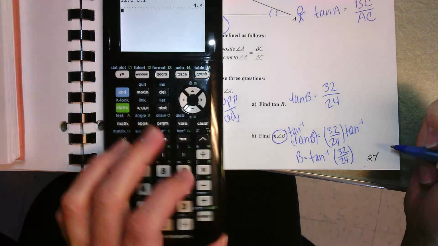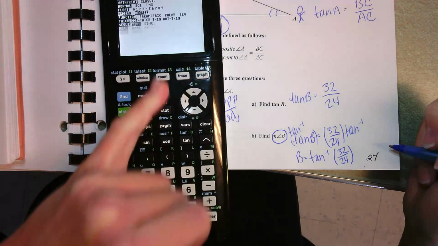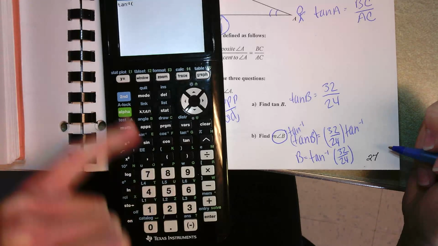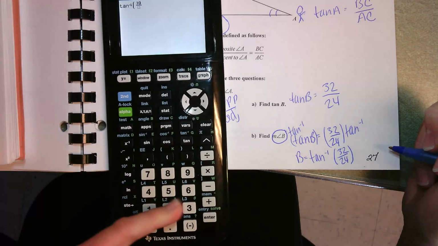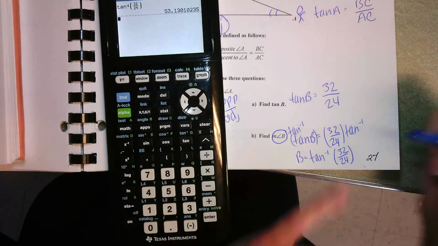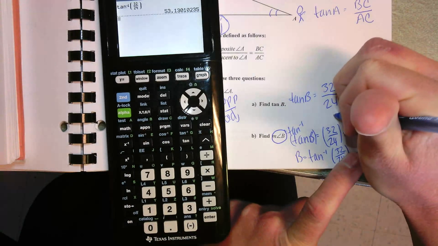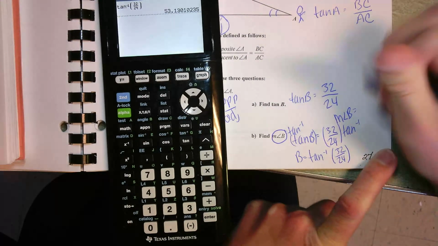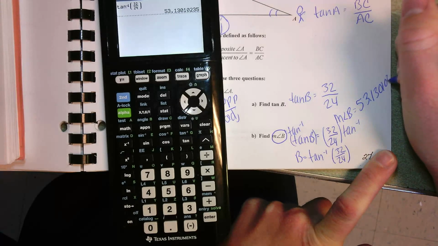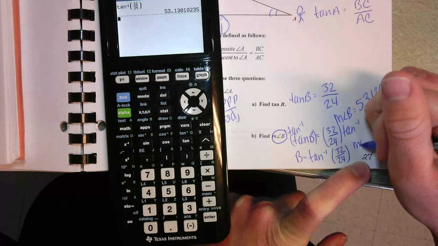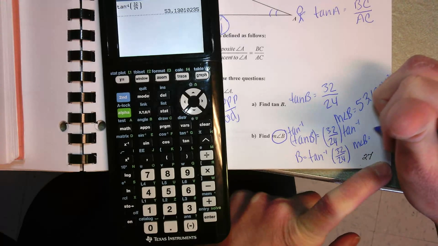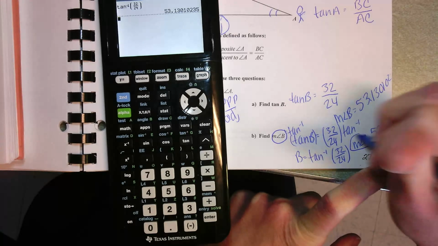If we go to our calculator, it's already in degree mode as we want. Tangent inverse of 32 over 24. So the measure of angle B is 53.13010..., so let's say just 53 degrees.